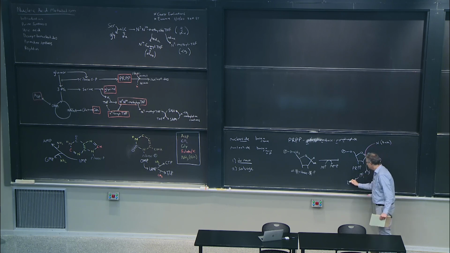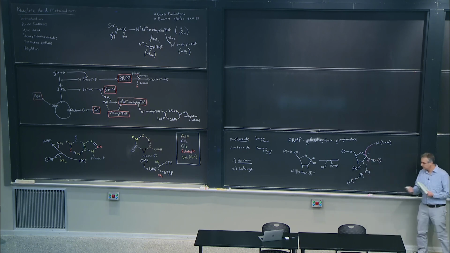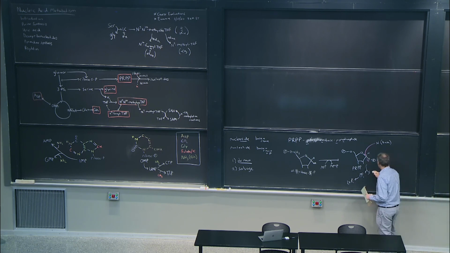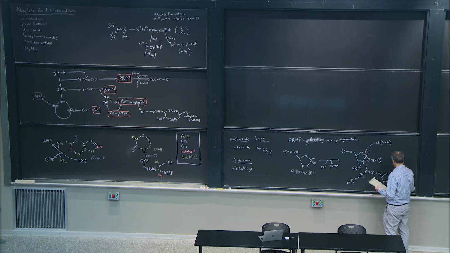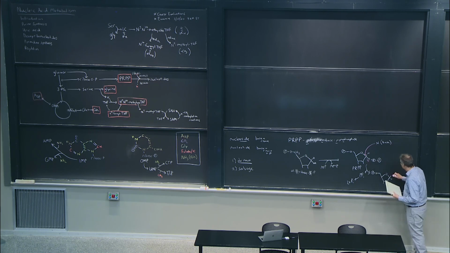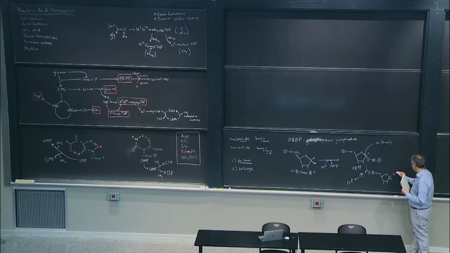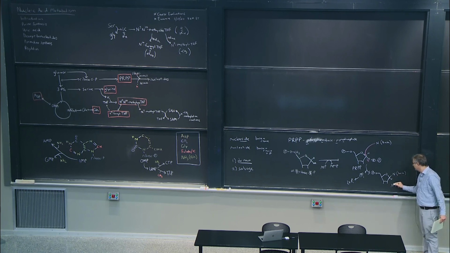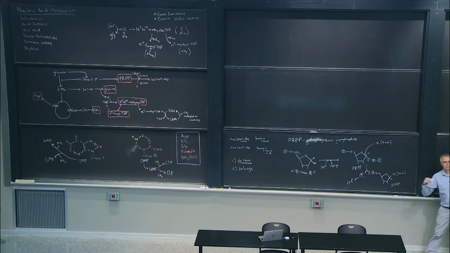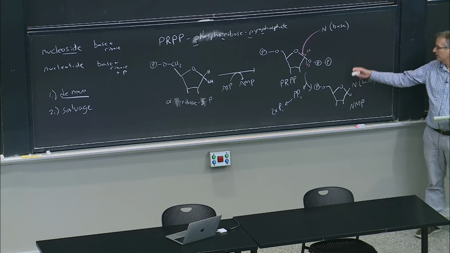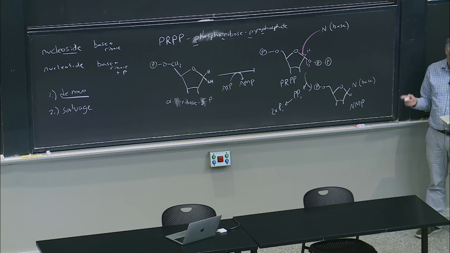That can be cleaved to two inorganic phosphates, pull the reaction forward, and what one ends up with is basically this nitrogen added either as the nucleoside monophosphate or some nitrogen-containing precursor to the nucleoside monophosphate that we can then build the purine or pyrimidine base on top.